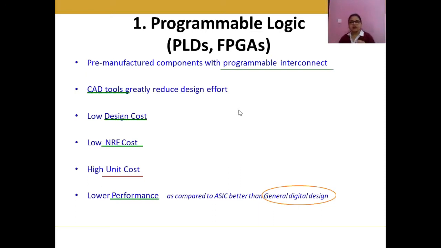Means there are some pre-manufactured components given to the user, and these pre-manufactured components have a programmable interconnect which is open at the user end. As per the application, the user can reprogram those interconnects again and again. So it is like that one IC or one PLD can be used for several applications.